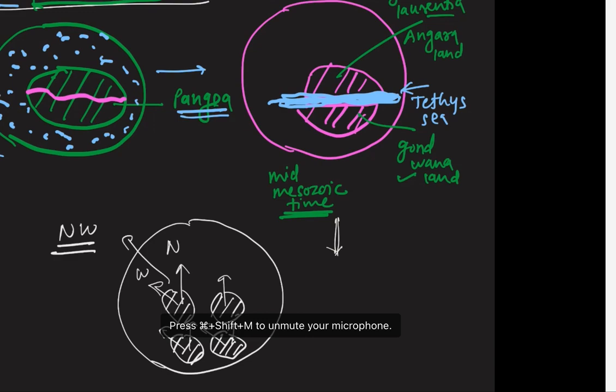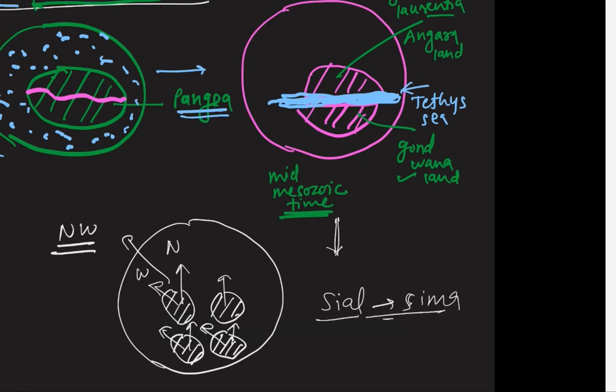Okay. Why is it happening? It is happening because Sial is moving over Sima. He says they are moving. Why are they moving? They are moving because the Sialic continents are lighter and they can float over the Sima.